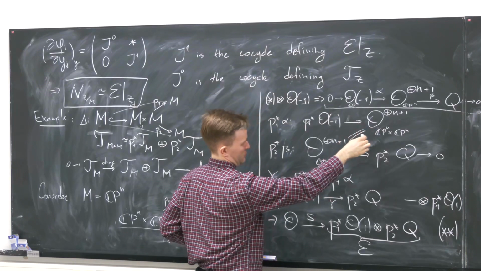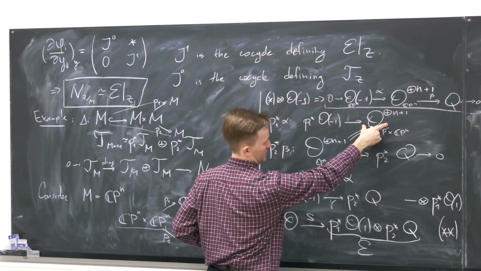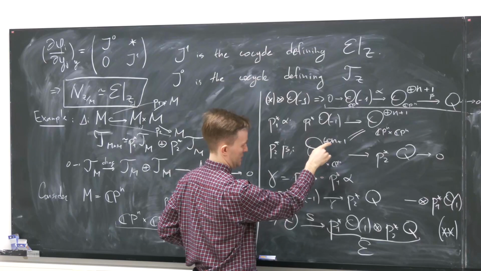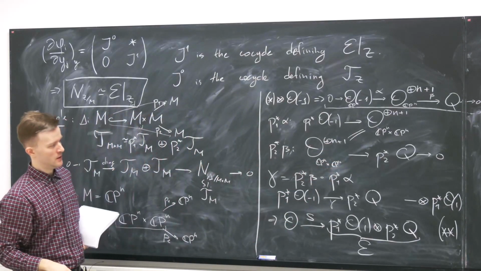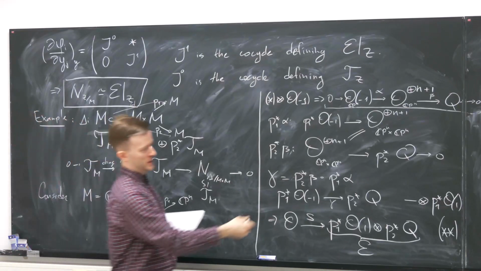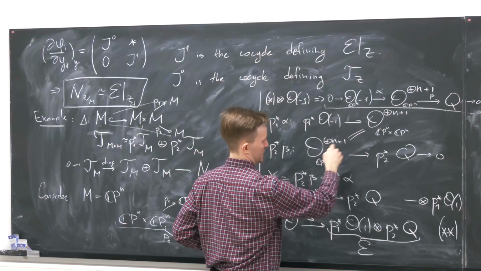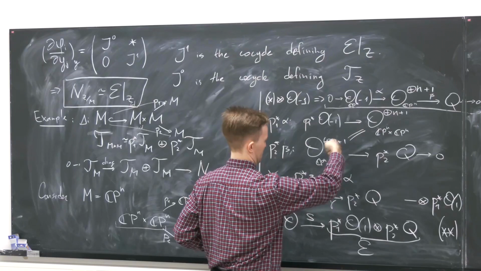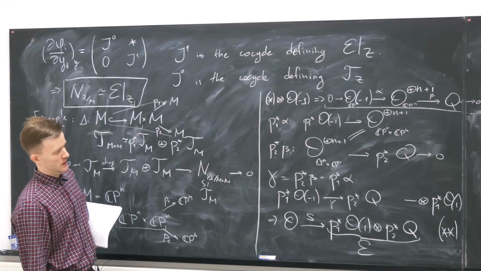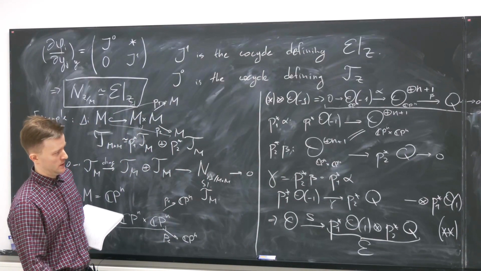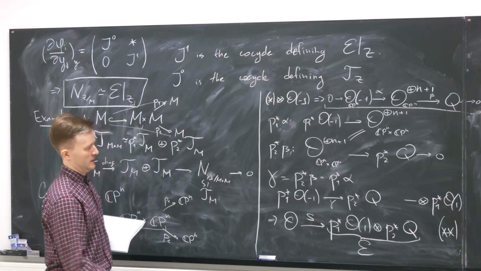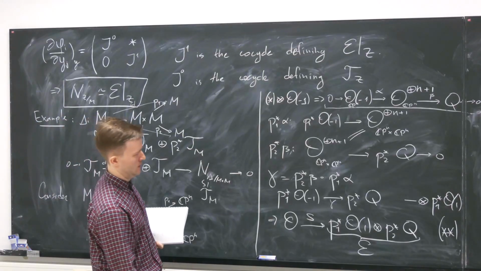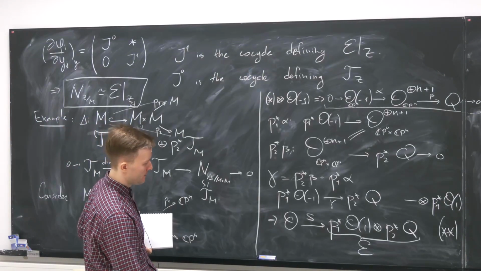So I just observe that this bundle here is isomorphic to n plus 1 copies of the structure sheaf of the product of CPN with itself. So in particular, these two things are isomorphic, or I can identify them. Strictly speaking, I have to choose the isomorphism, but it doesn't matter which isomorphism I take.